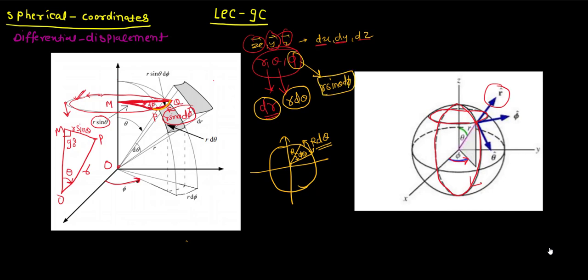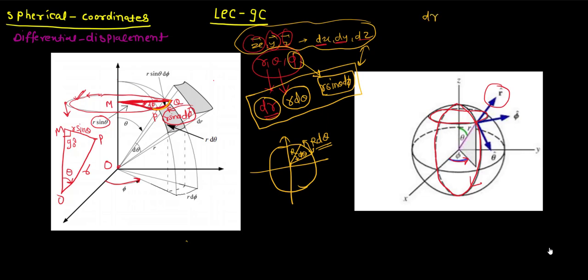So these three lengths of the elements are a similar concept to dx, dy, dz in the Cartesian coordinate. Now you can just compare. You cannot directly say that if you are going into the direction of r, the length of the element would be dr. If you are going into the direction of theta, you cannot say the length of the element would be d theta.